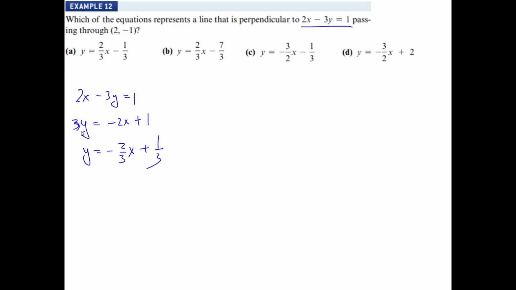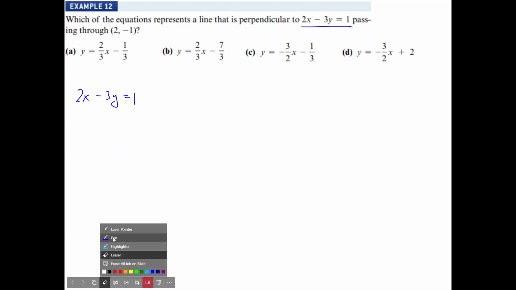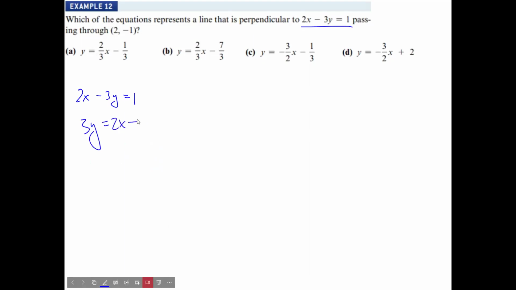So 3y, oh, what did I do bad. I did bad. One more attempt. So 3y is 2x minus 1. That's better, right? Yes? Yeah. So y is 2 over 3 x minus 1 over 3.